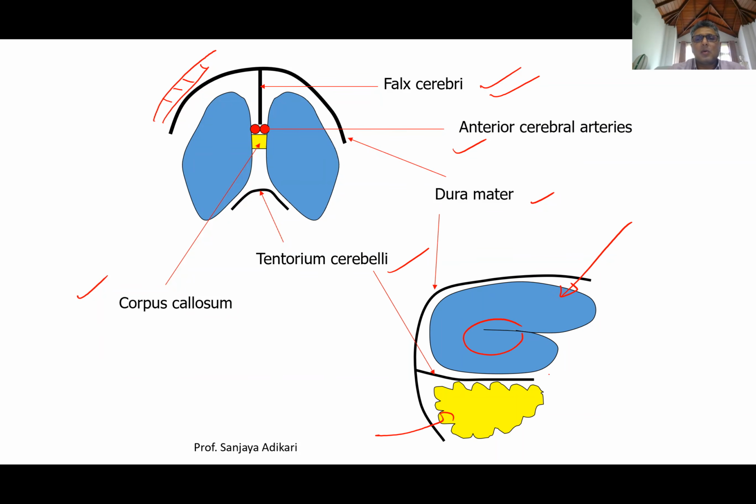Now this is the tentorium cerebelli. It is again an extension of dura mater, a horizontal extension, separating the cerebrum above from the cerebellum below. And your brainstem will pass from here to here through the tentorium cerebelli. I'll show you in a diagram.